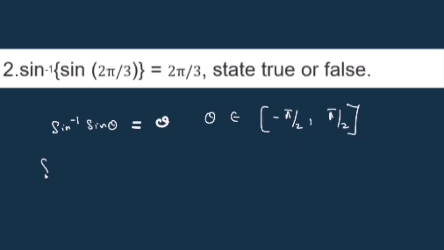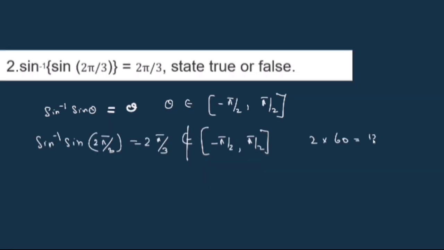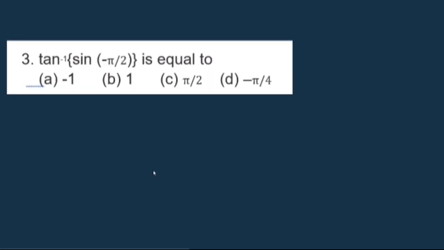But here sine inverse sine 2 pi by 3 being 2 pi by 3 is not the answer, because 2 pi by 3 is not in the range minus pi by 2 to pi by 2. 2 pi by 3 is 120 degrees, which is not in this range. So this is not true. The answer is false.